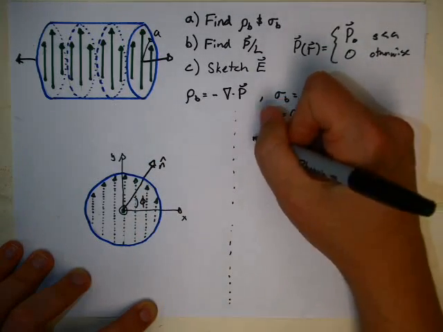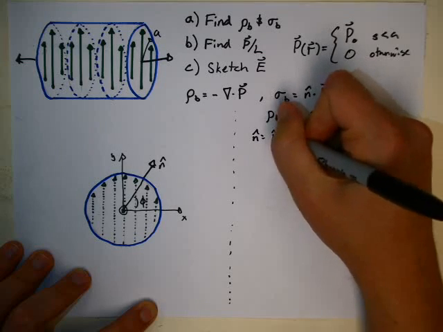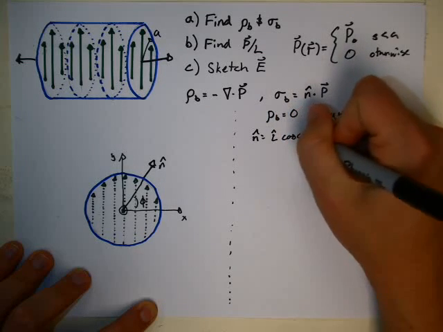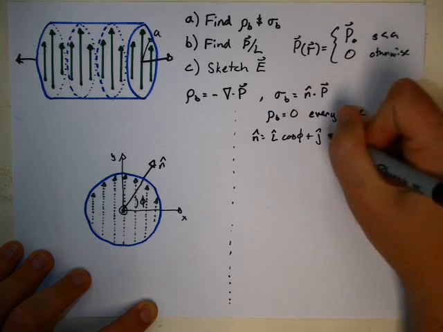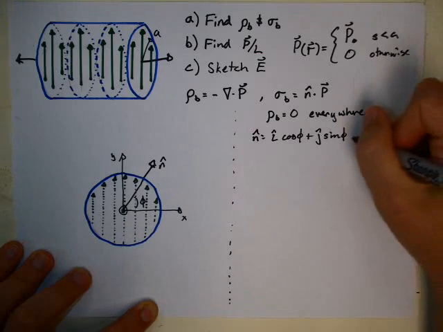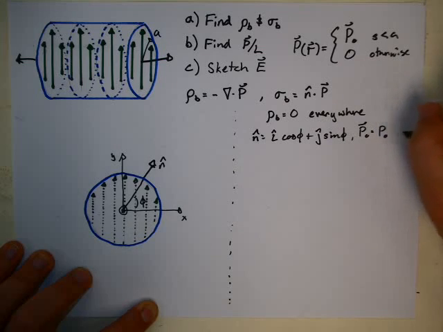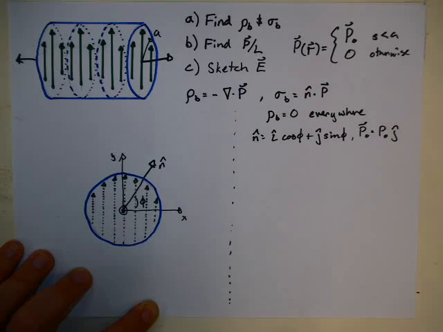And so I'm able to write down n hat in this case as the x component i hat times cosine phi plus the y component j hat times sine phi. Notice also in this case that this p naught is simply equal to a magnitude p naught times j hat, the way I've got it drawn out here.